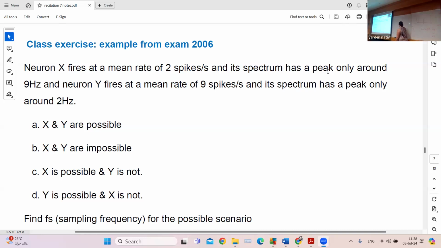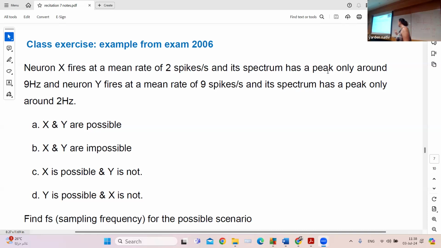To have the 9, we need at least 18, right? But we don't have the 18, so it's 4, which is double this one, to 17, okay? So this could be. So we know that for the first question, Y is possible and X is not. This is the right answer.